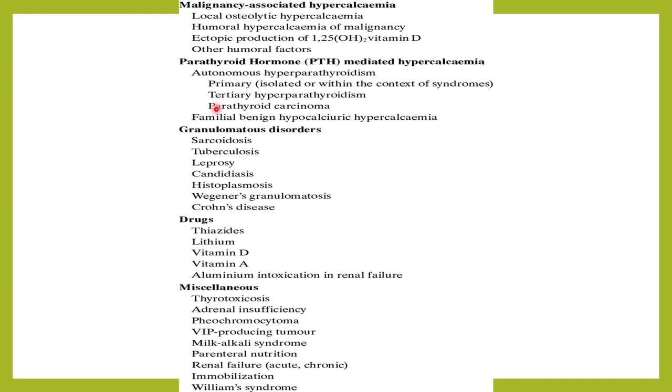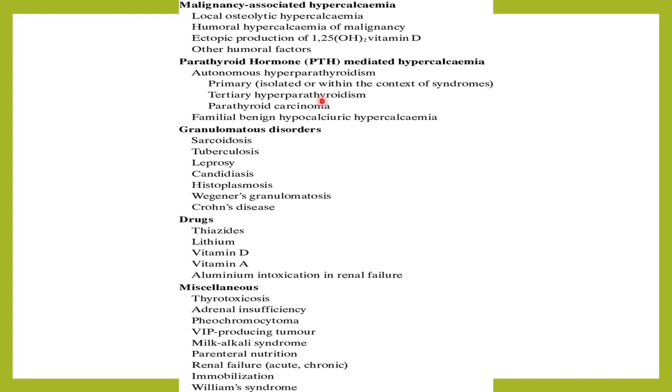Then there is parathyroid-mediated hypercalcemia, wherein you have primary hyperparathyroidism, most commonly because of adenomas in the parathyroid gland. Then you have tertiary hyperparathyroidism, wherein the parathyroid gland is constantly under stress to release increased PTH because of problems in the kidney. If the patient is having kidney failure, kidney transplant, etc., that leads to increased calcium.